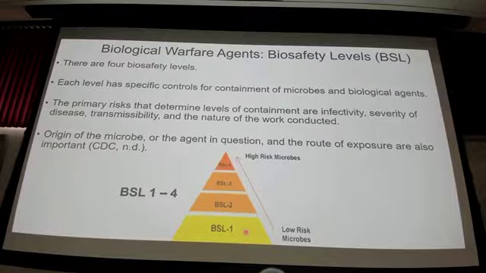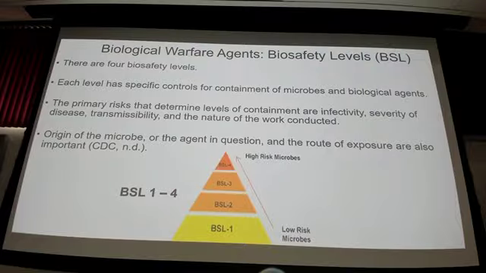Okay. All right. So we also talked about the biological warfare agents and how they are classified and grouped in biosafety levels, 4 different levels, each level nested into the subsequent level. Each level has a certain amount of containment and certain requirements in terms of protective gear, and also some examples of each level.